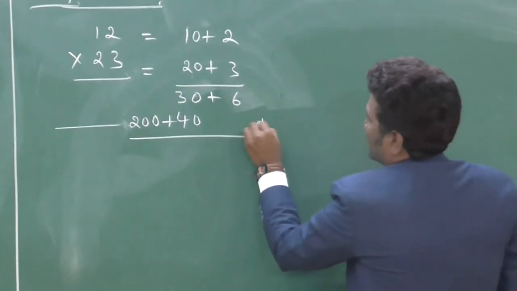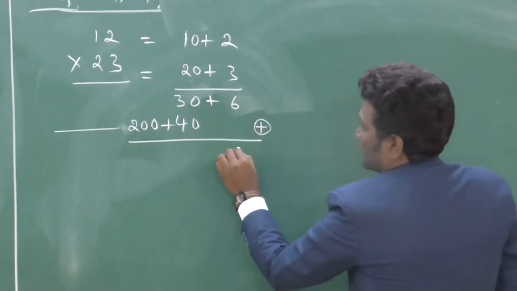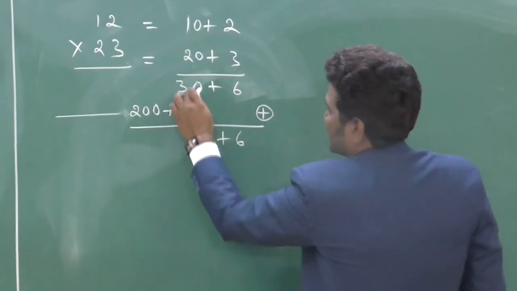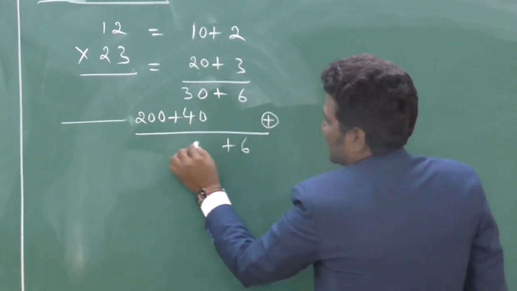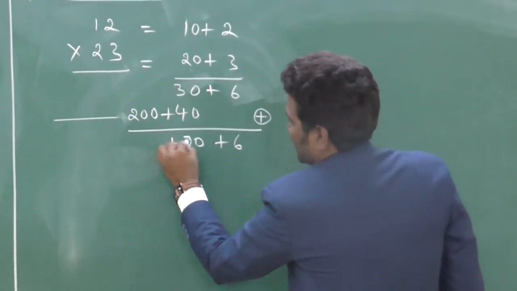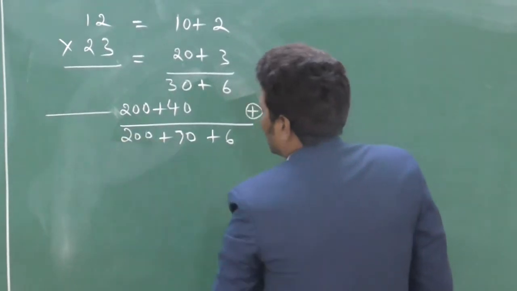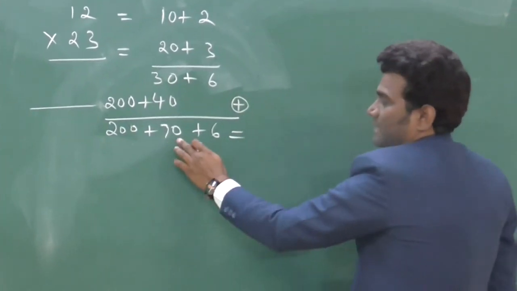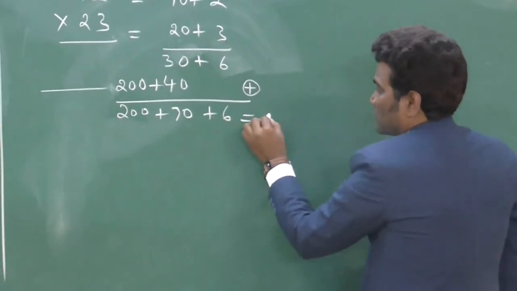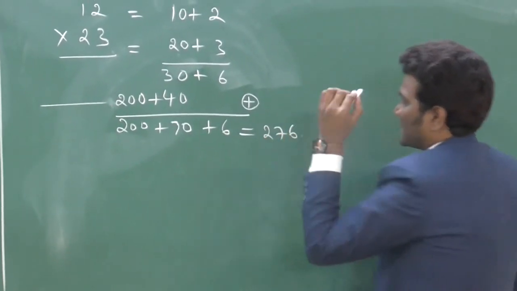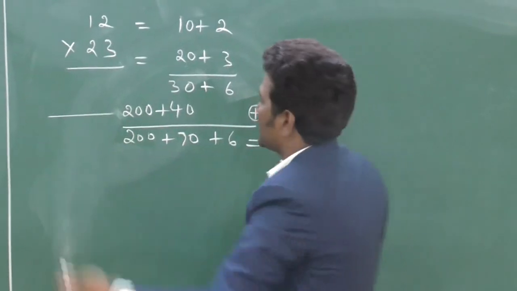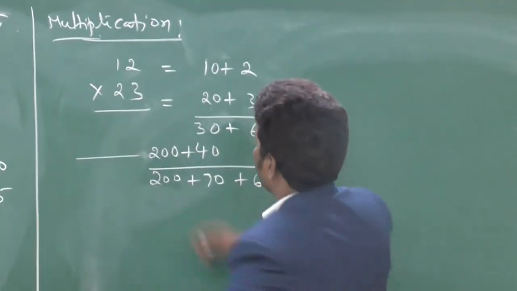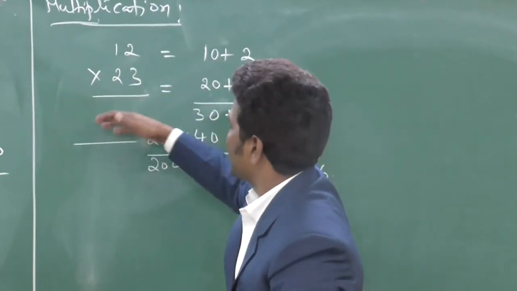Now we will add 6 plus 30 plus 40, 70, plus 200, and together the whole is 200 plus 70, 270, plus 6, 276. In later stages you will multiply in a single step directly.